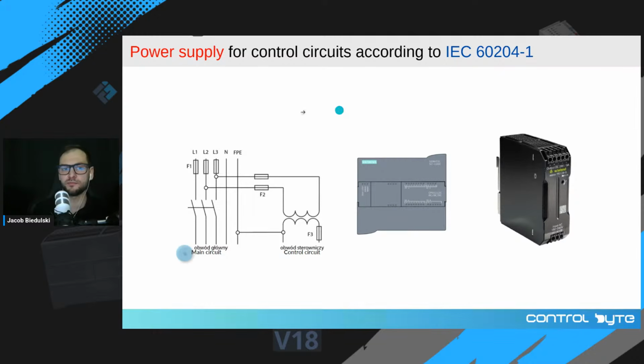We base our course on standards like IEC 60204. This is a standard with more than 150 pages. And if you want to buy such a standard, it's more than 300 euros. And in our course, you have all the essential information from this standard.